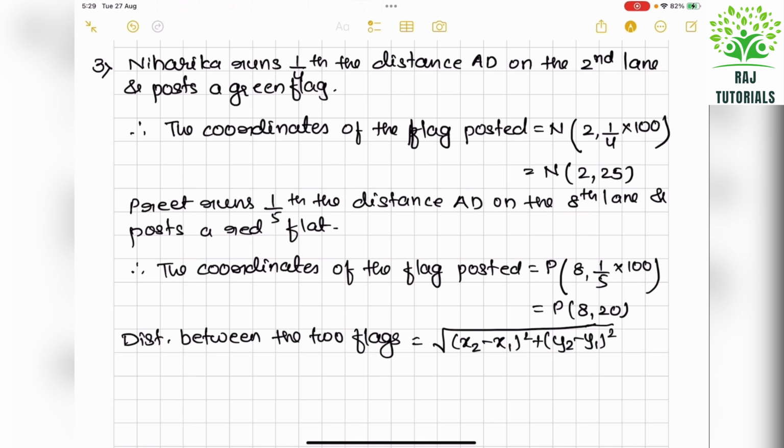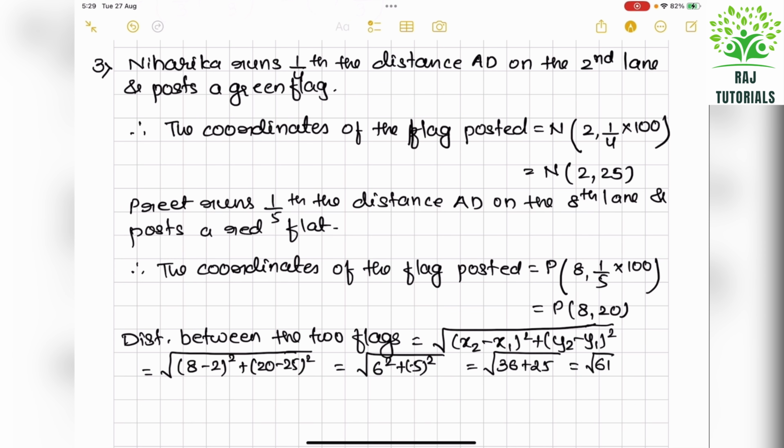So that will be 8 minus 2 whole square plus 20 minus 25 whole square. So that will be 6 square plus minus 5 square. So 36 plus 25 square root. So that will be root 61.